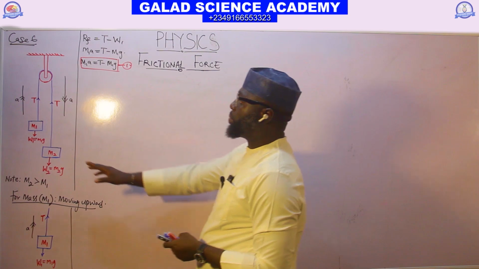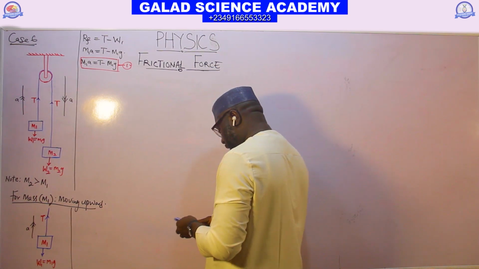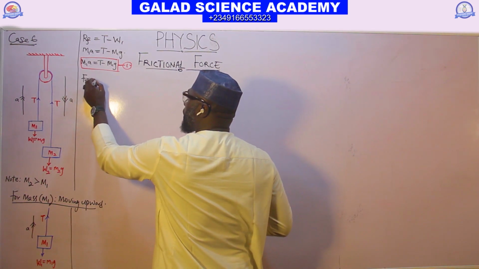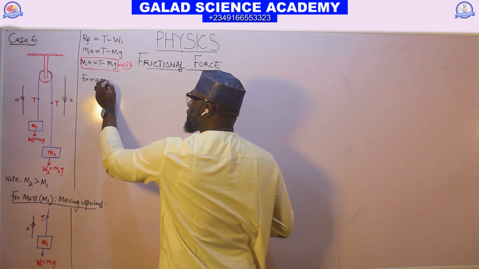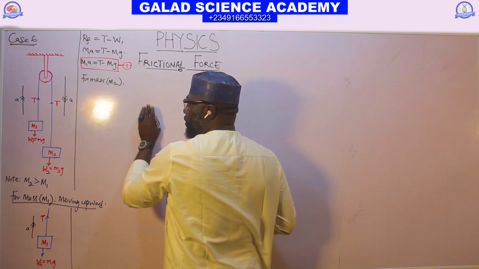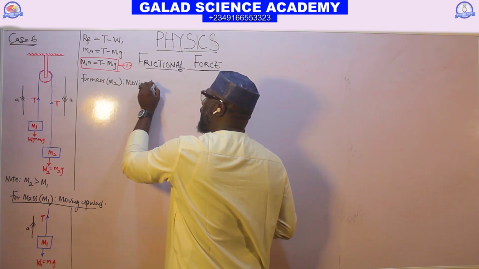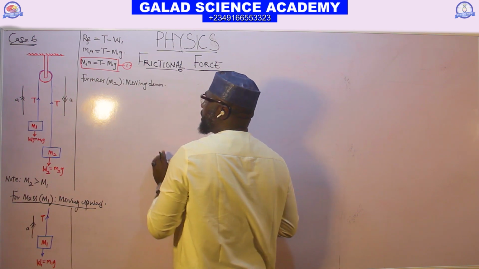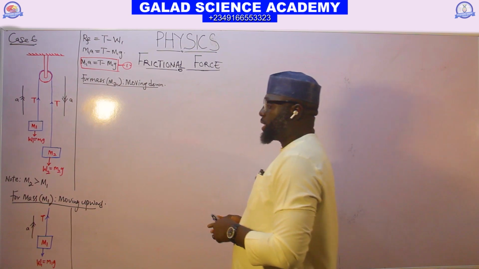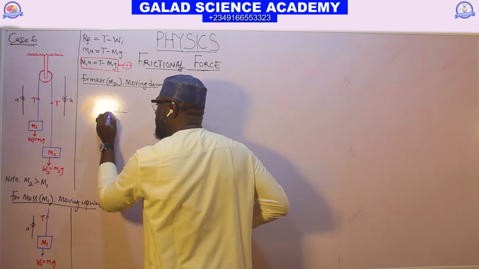We are done for mass M1. The next thing that we do now is to set up for mass M2, which is moving down. Since the object is moving down here, we will draw the diagram.